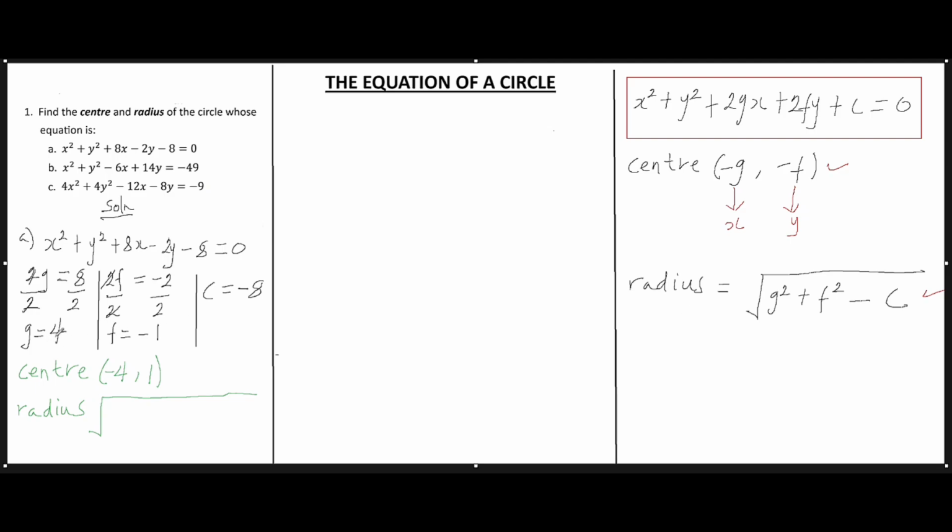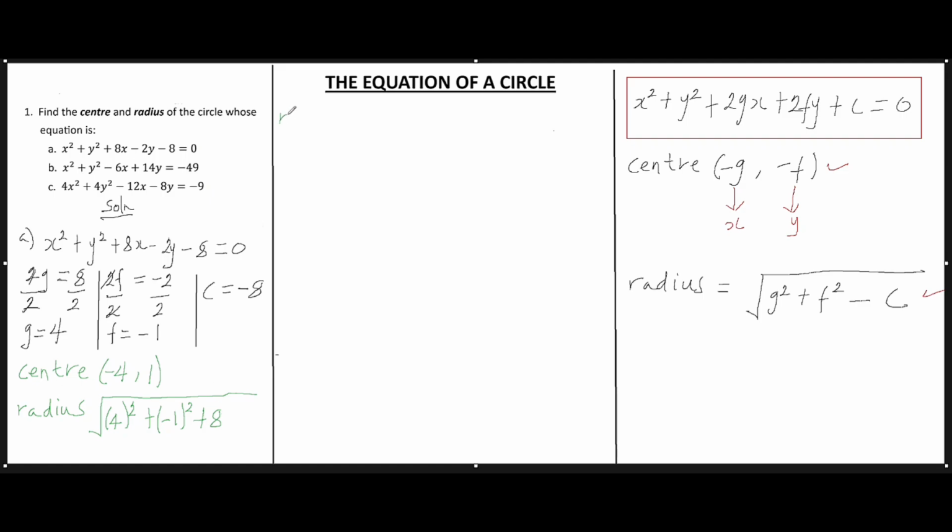We had our g here as 4, so we have 4 squared plus f here is minus 1, so minus 1 all squared. Then remember we have minus c, and c here is minus 8, so we have minus of minus 8, and that will give us plus 8.